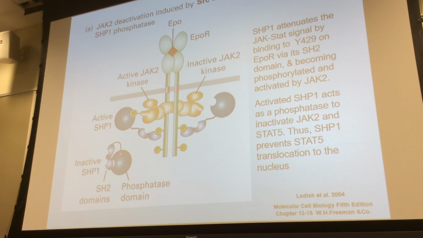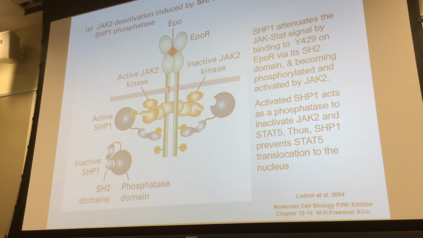So it binds to one of them, and that actually opens up what would be, so a lot of phosphatases and kinases have an auto-activation site. What that means is part of their molecule has bent over and covered over the actual catalytic site of the kinase, or in this case, the phosphatase. So you can see this is covering what would be the active phosphatase. While it's in the cytosol, it's simply not active because it's covered over its own site.